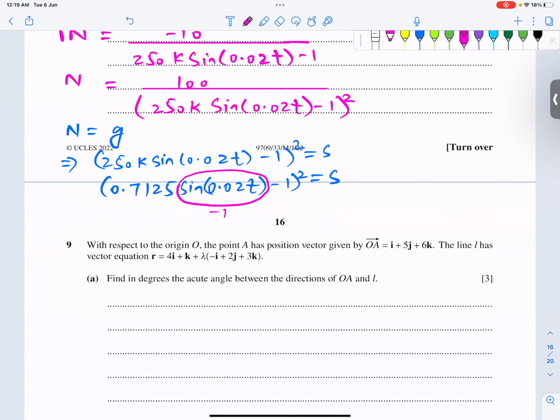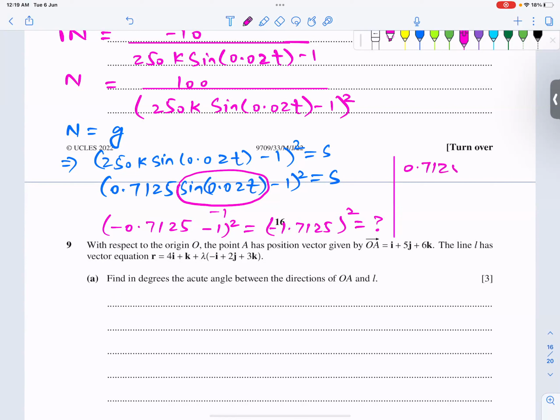But when you put minus here, you will get minus 0.7125 minus 1. Then I will put square on this. So this will be minus 1.7125, then its square. So you will find some bigger number. On the other hand, if you see the greatest value of sin(0.02t), that could be 1. So if we put 1 instead of minus 1, you will see this will become (0.7125 times 1 minus 1) whole square.